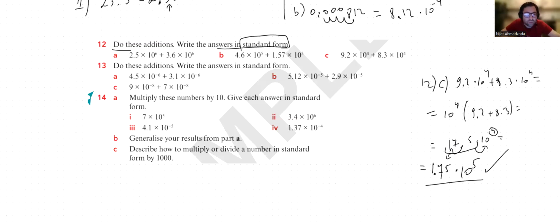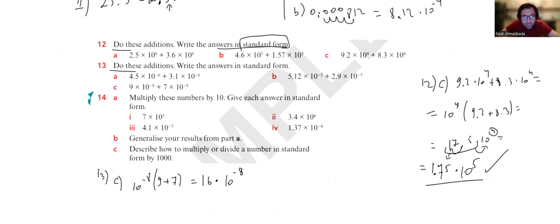Again, 13. Let's do 13C for now. It says, again, the exact same question. So here, 10 to the power of negative 8 will be out of the brackets. Then we have 9 plus 7. So it will be 16 times 10 to the power of negative 8.